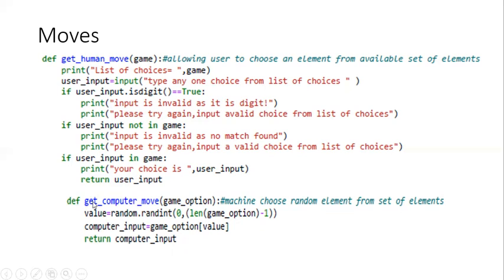See here, it's noticed that the computer move is, as I told, chosen randomly, and for that we require a special library to be imported into the Python environment. It's called random. So random.randint will generate a random number, and according to that random number, the index of this element in the list will be picked up.